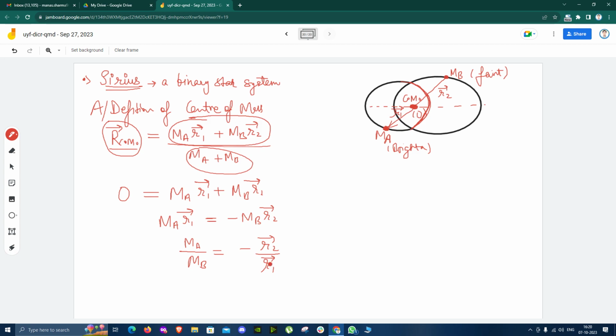So this is the ratio. The two stars exert equal and opposite internal gravitational forces on each other, and hence their net external force will be 0.